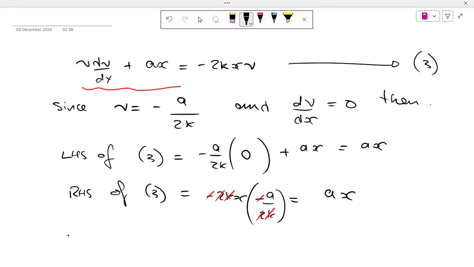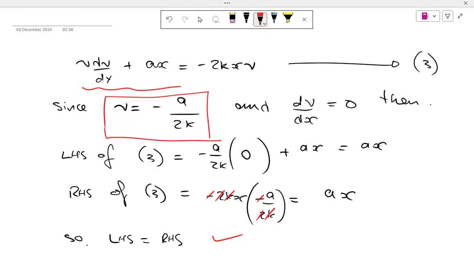So the left hand side equals the right hand side. This is exactly what we want. We know the equation is satisfied with the solution of v equals minus a over 2k and its derivative of dv by dx equal to 0.